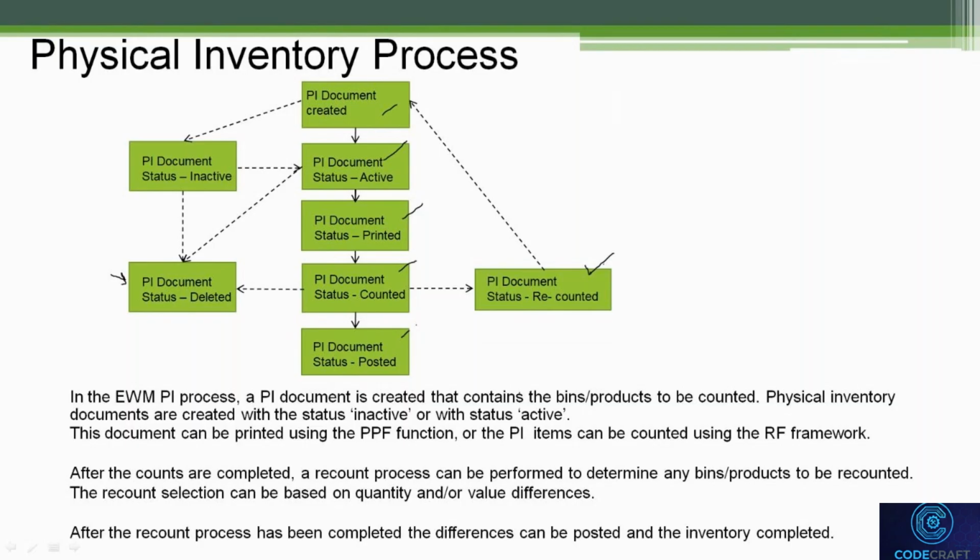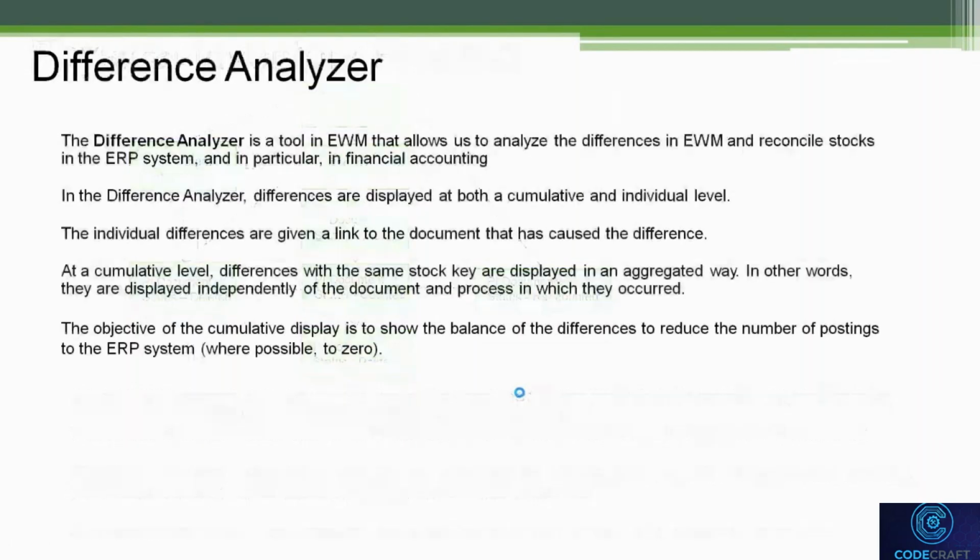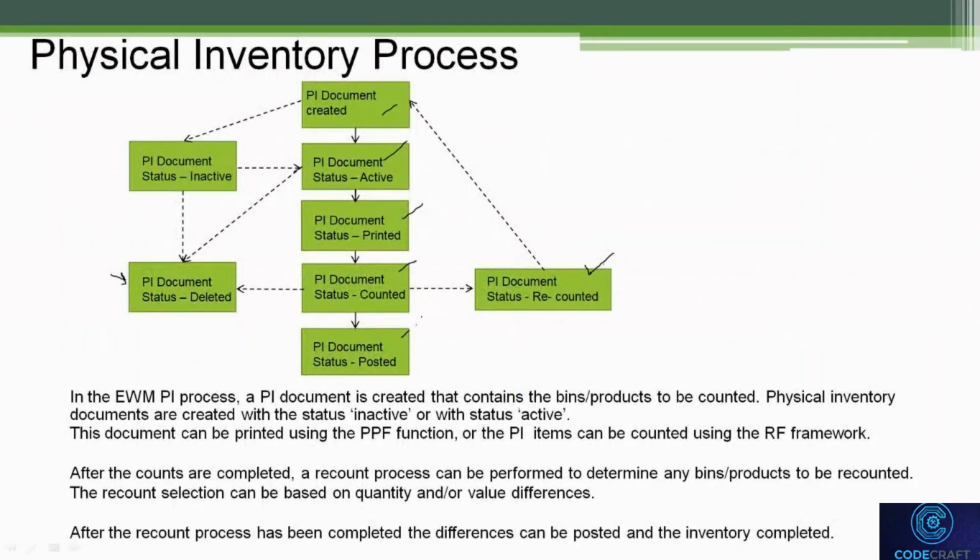So we'll see this process. Once the PI document is posted, basically we create a PI document for a bin and correct the stock in the bin, but that will not immediately update ERP.